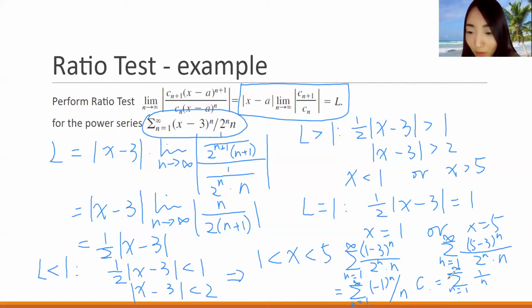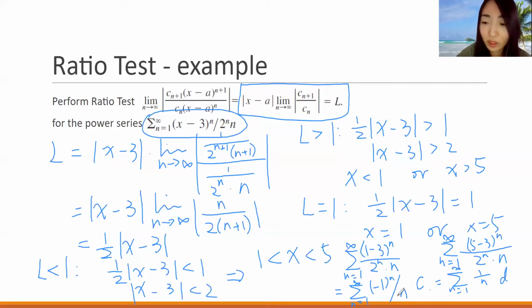This is called a harmonic series. So we can use an integral test to see if this series converges. And if you take the integral from 1 to infinity of 1 over n, we know that this gives you a divergent result.